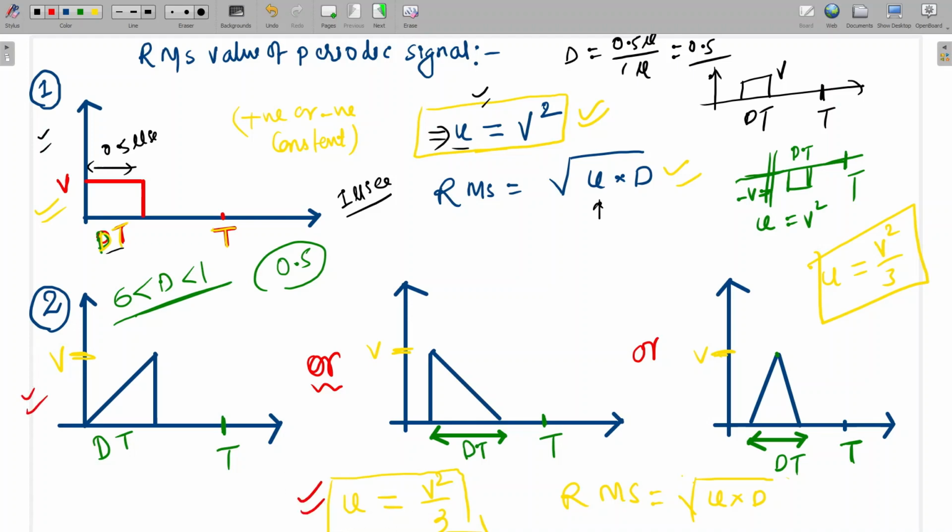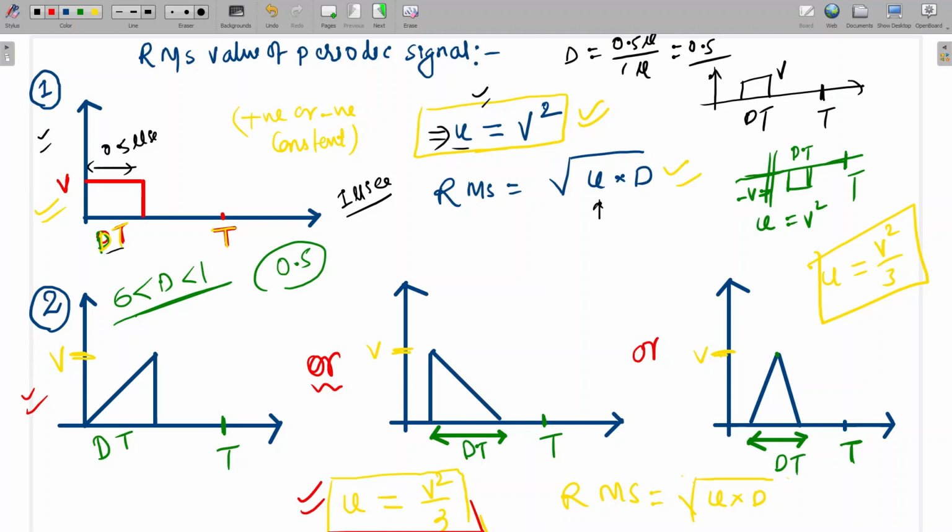What is the U for different kinds of triangular waves? This triangular wave is rising, this is falling, and this is rising and falling. All have duty ratio D, like on time D T. So for all these types of triangular wave, U will be V square by 3. Is it clear to all?